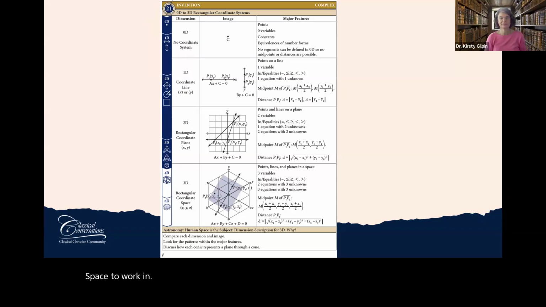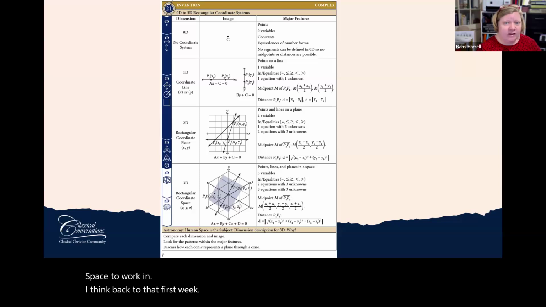Okay. Well, I think back to that first week when we had the chart of the characteristics of each of those. I just think of length and width, and all the characteristics.